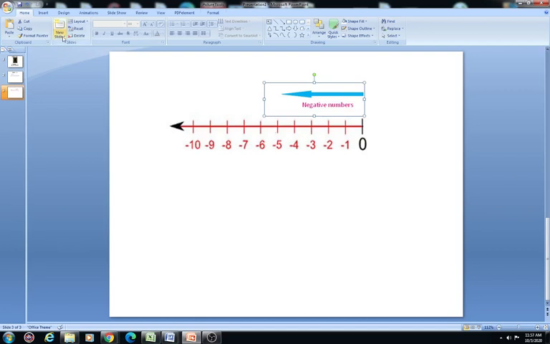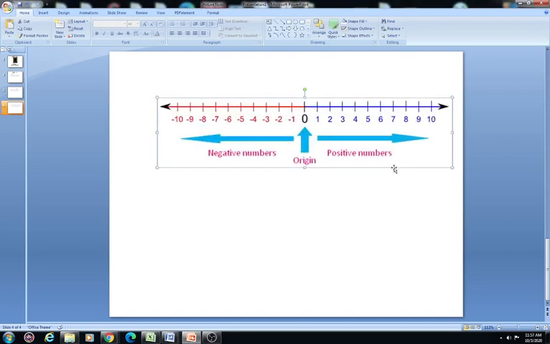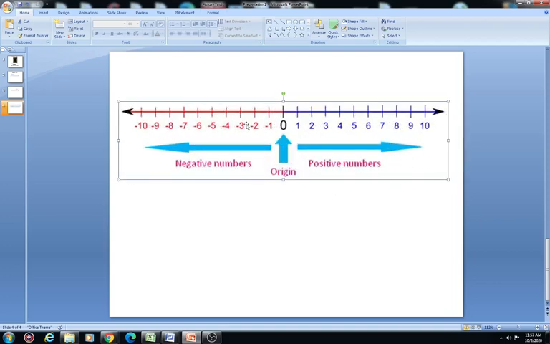Now, if we look at the number line as a whole unit in one picture, let me just increase this for you here a little bit. There we go. Here's the whole number line put together. I have 0, which is the origin point. 0 is always the origin. The origin of all numbers is 0, whether it's positive, negative, what have you. If I go to the right of 0, those are positive numbers, and they grow in value the further I get to the right from 0.